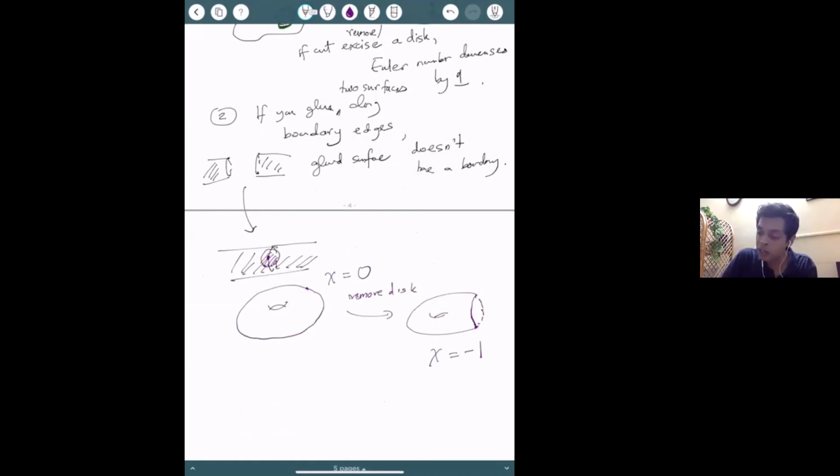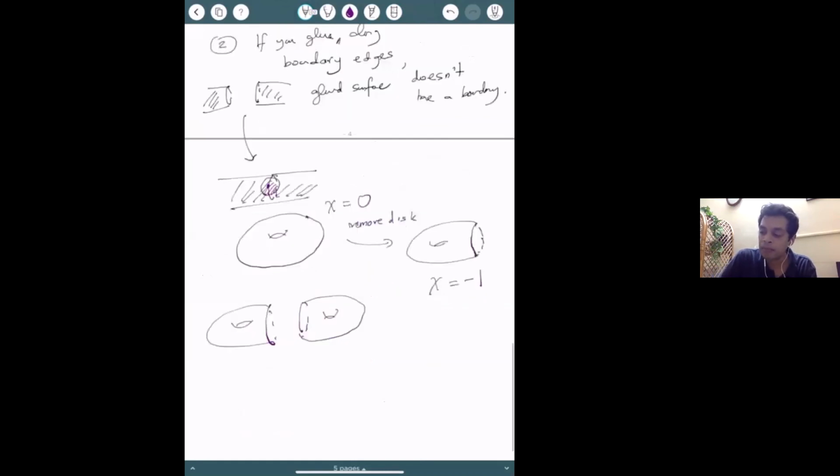And now if you take two of these guys, and then you glue them up, you will get some surface without any boundary. What happens to the Euler characteristic when you do this gluing along a boundary edge?